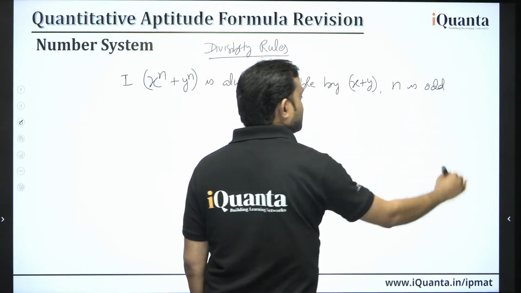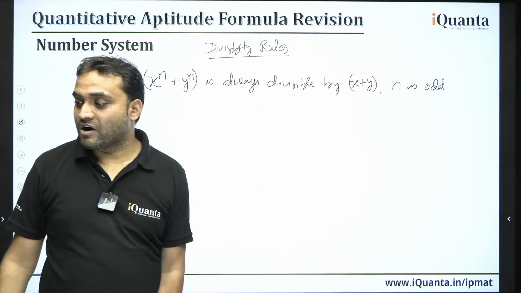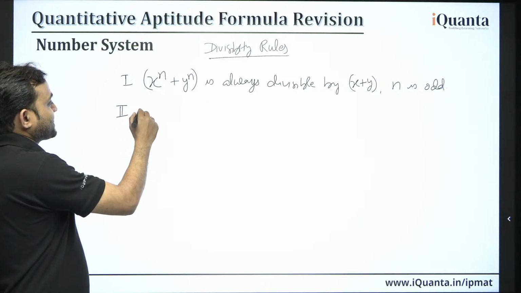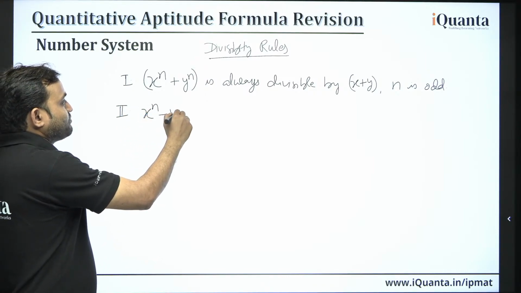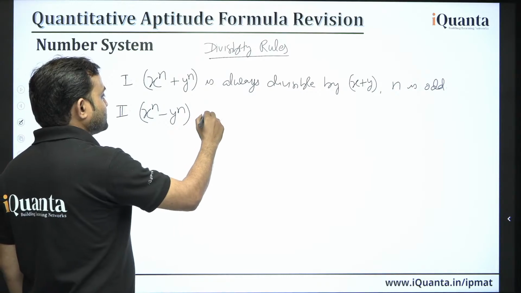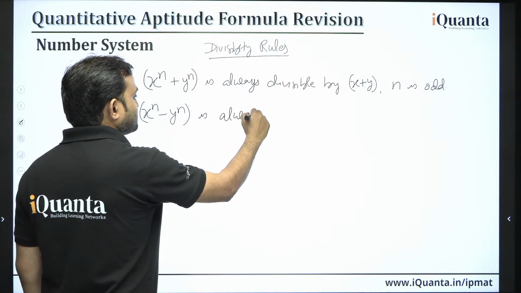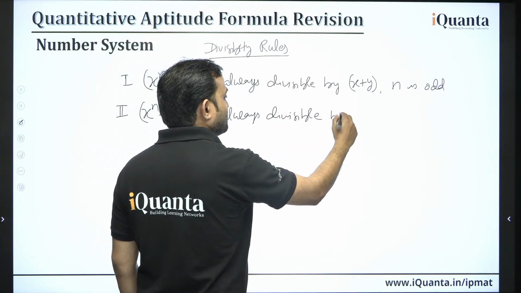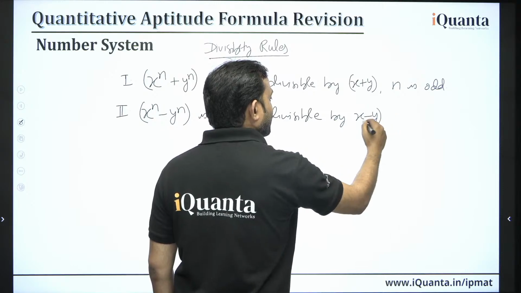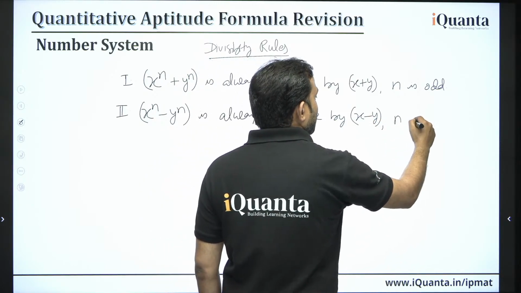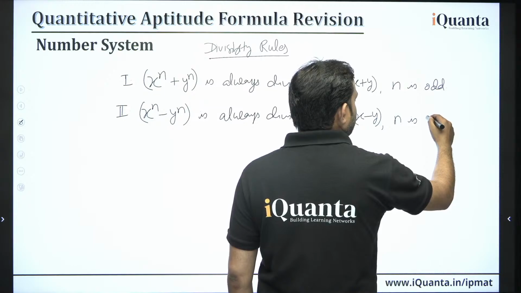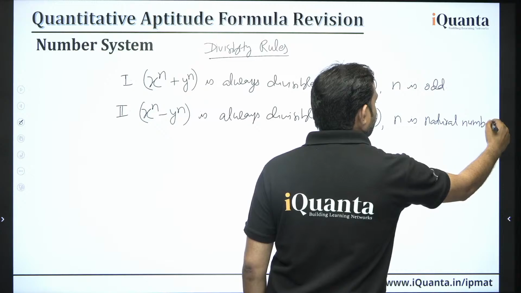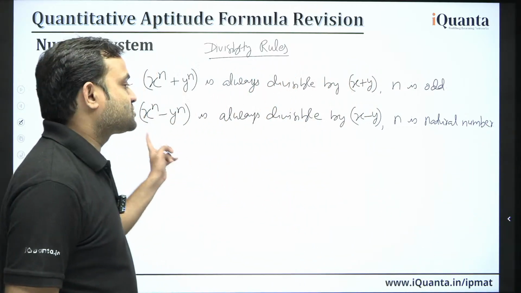Then comes the second, x to the power n minus y to the power n is always divisible by x minus y, where n is a natural number. For any natural number, this is always true.